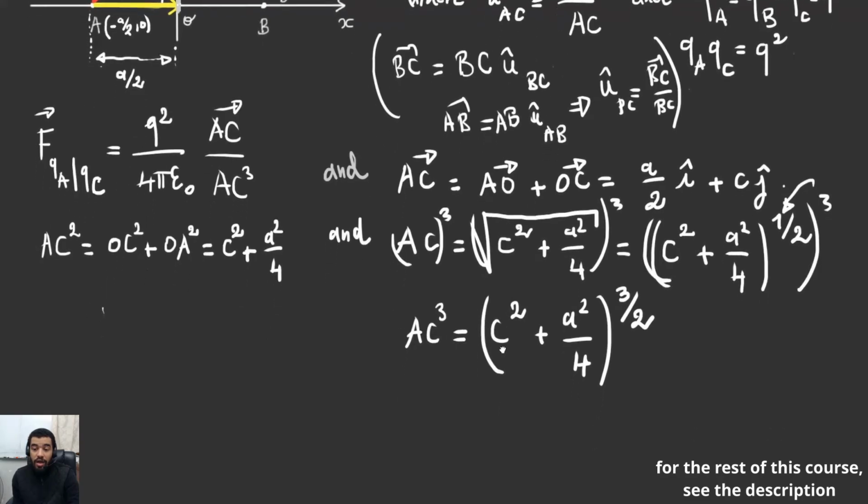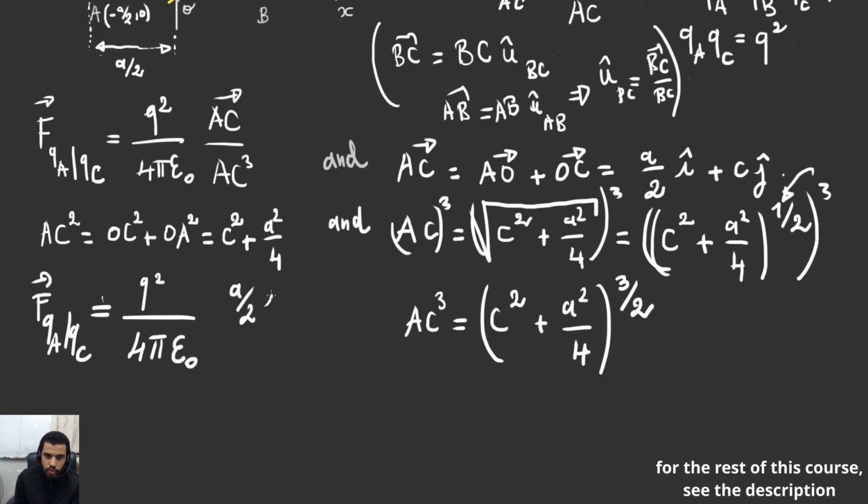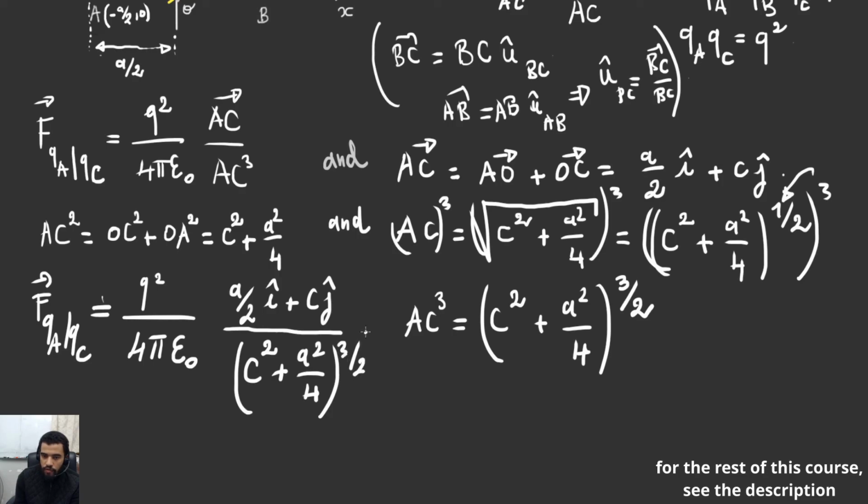Hence my force F due to QA on QC equals Q squared over 4 pi epsilon 0 times a over 2 i plus c j, over c squared plus a squared over 4 to the power 3 over 2.